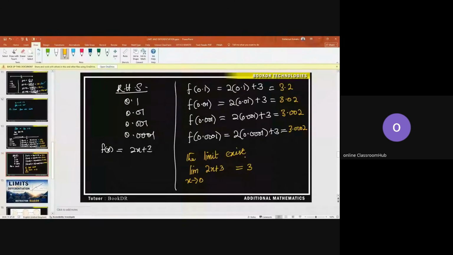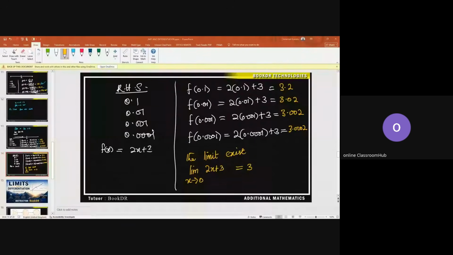Good. Now, we have done the fundamental idea behind limits. But when we are doing computation about limits, we will not be using this investigating. There are certain principles that we can follow and then find the limit of functions algebraically.